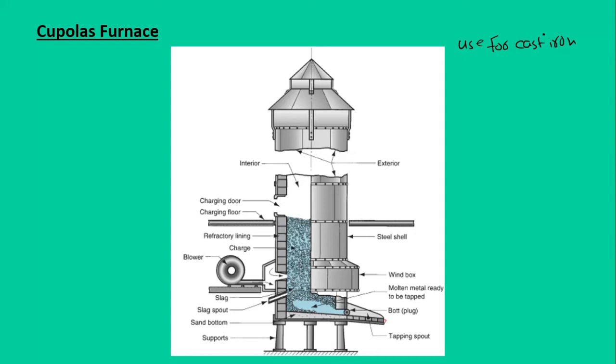So the general construction of the cupola furnace is that it has an outer exterior shell, and on the inside it has some refractory lining, and we have a floor from where we add the charge into the furnace. And what is charge?